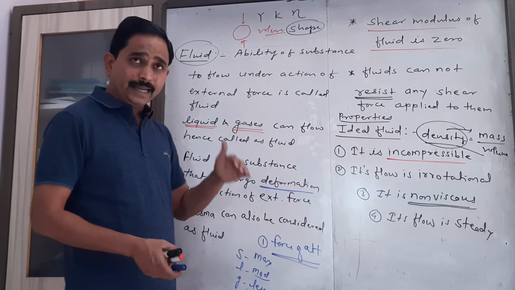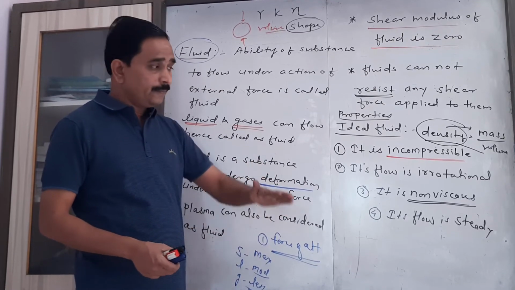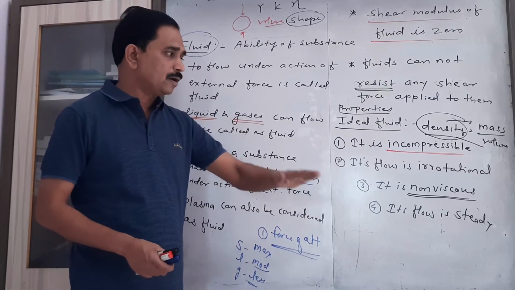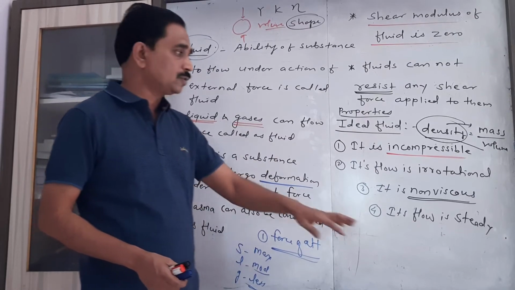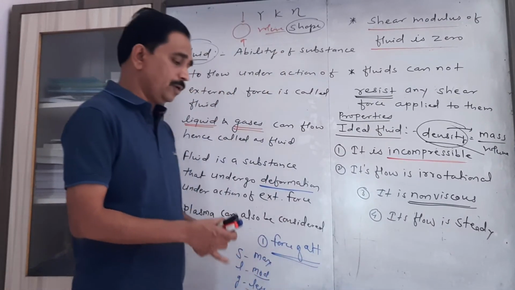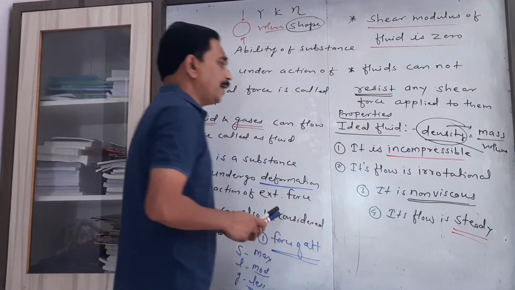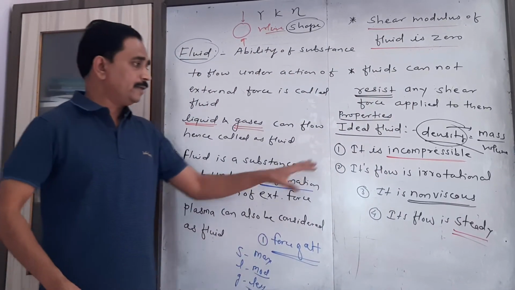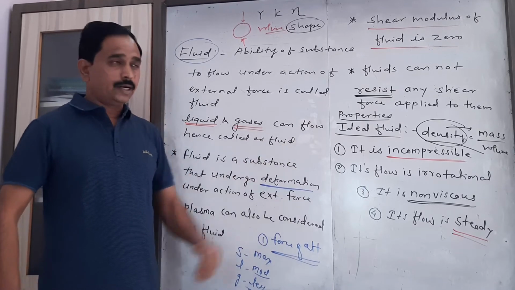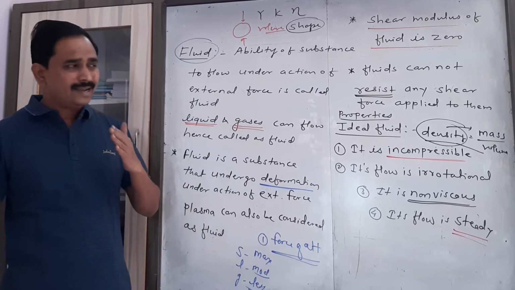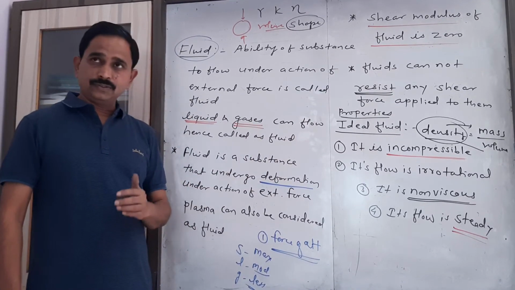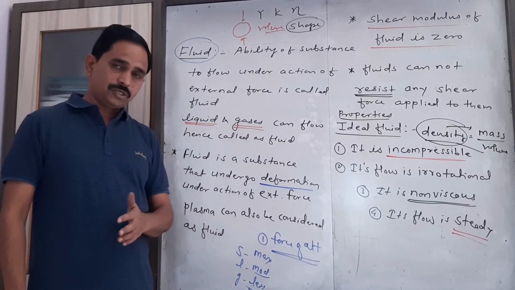It means at every point of the liquid the velocity remains constant, then that flow is called a steady flow. So keep in mind the properties of an ideal fluid. In our textbook, 4 properties are given. The first one is incompressible. Second one is irrotational.